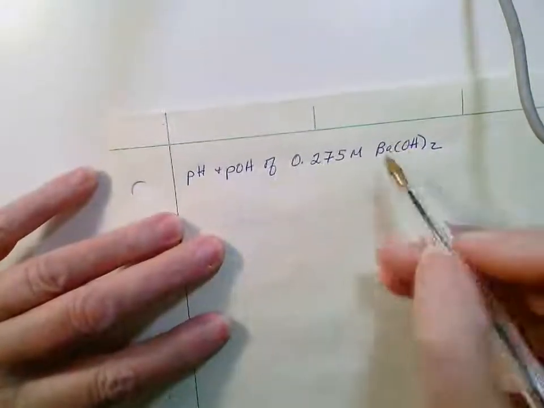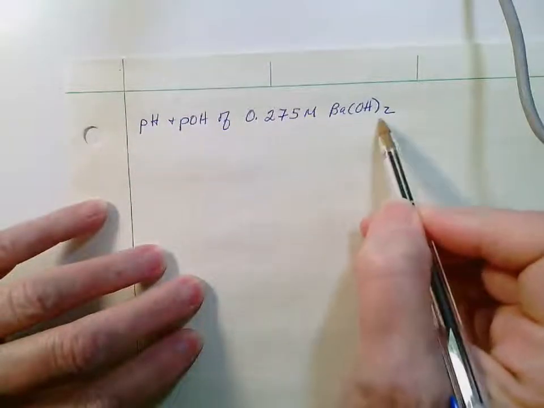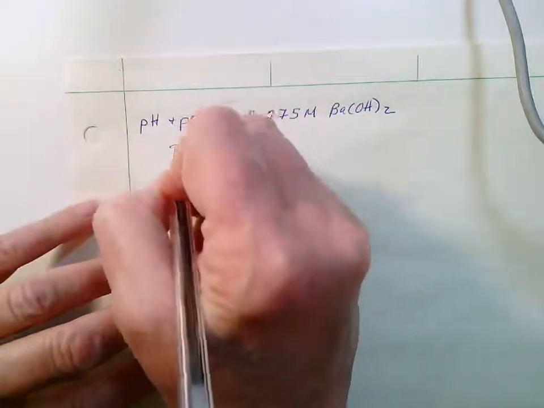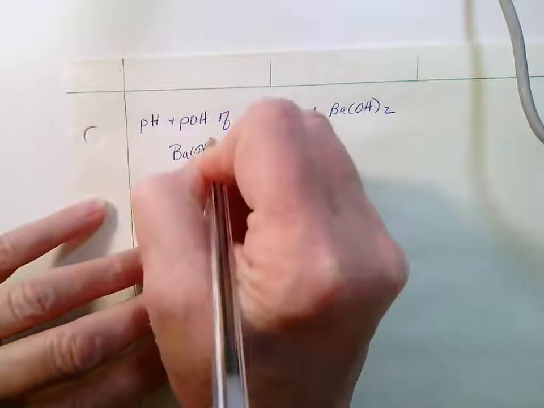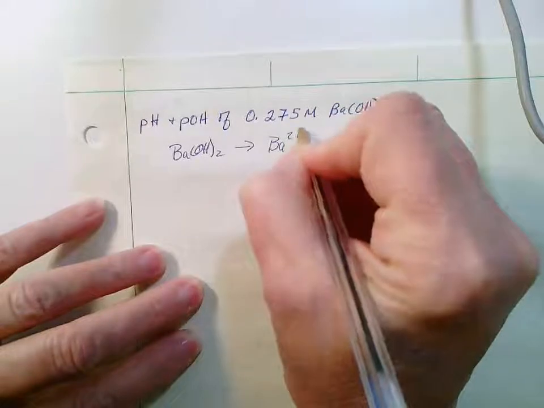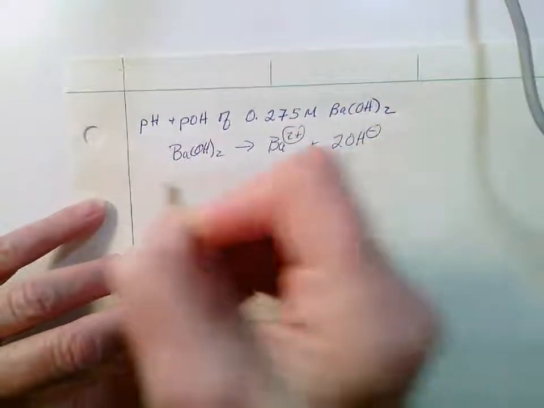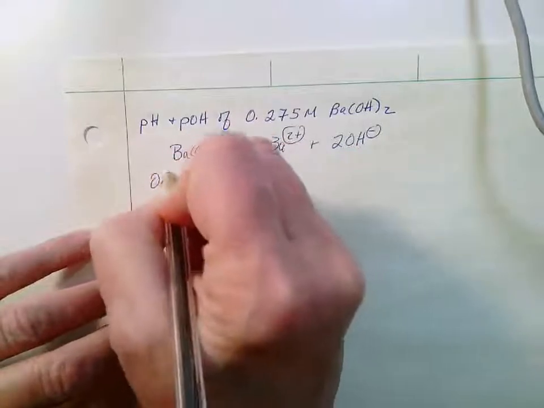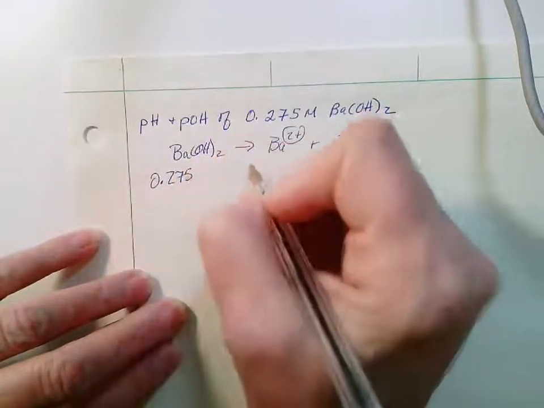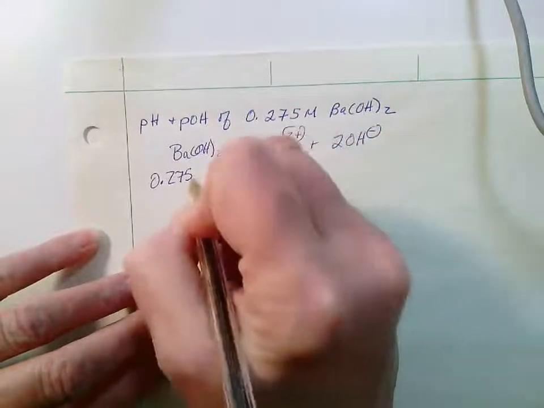But in something like barium hydroxide, the first and the second are equal. So if I have barium hydroxide dissociate, I get barium ions plus 2 hydroxide ions. So if this is 0.275, this will be 0.275 molar.